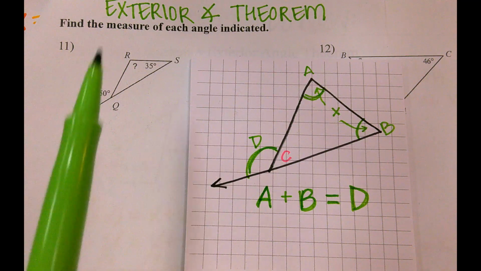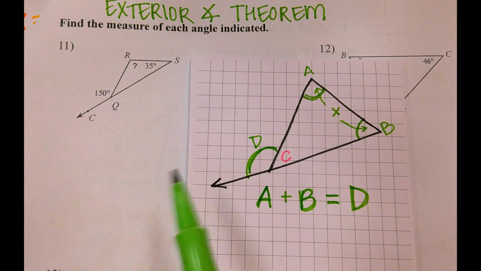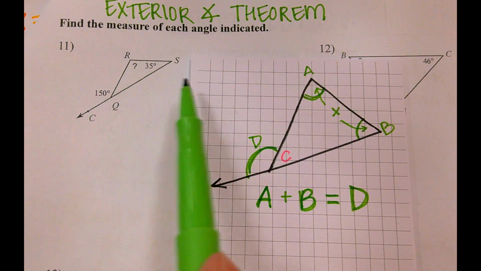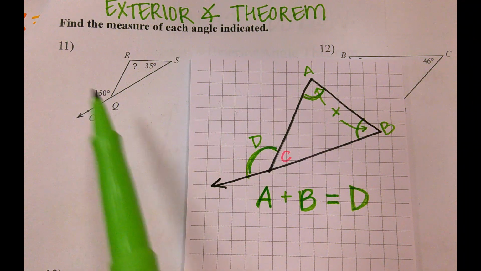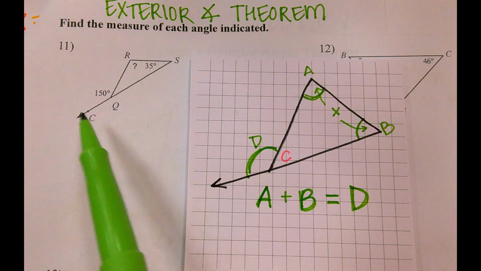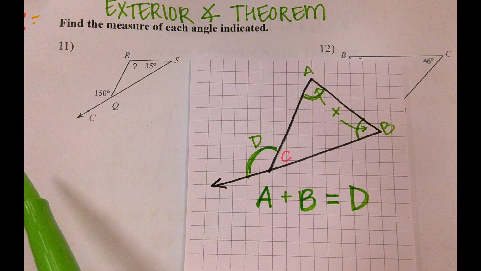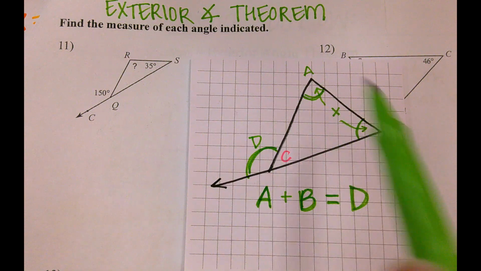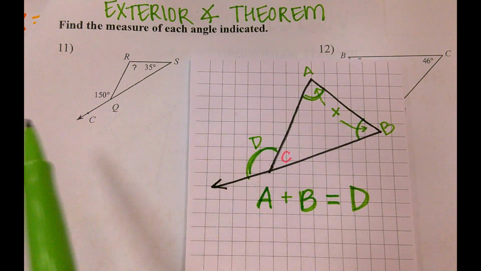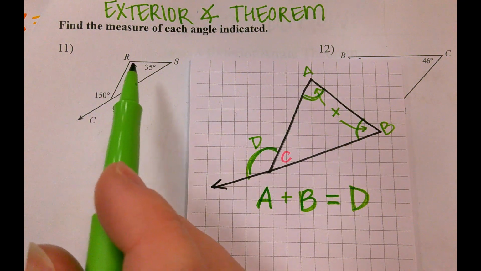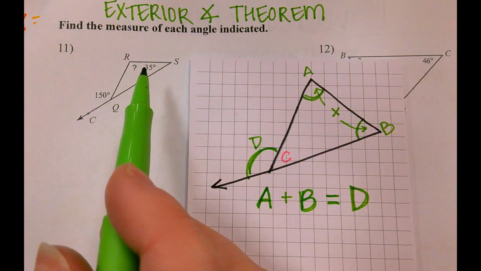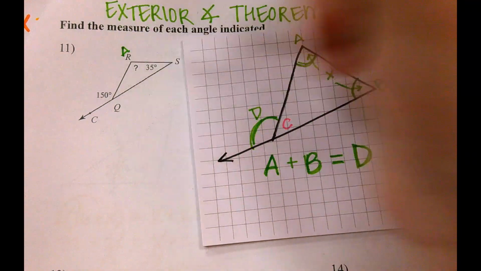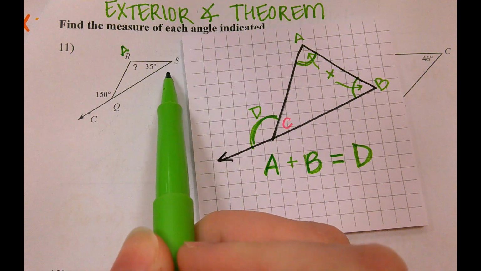So for number 11, instead of A, B, C, D, we have R, S, Q, and C, I guess. I guess C is that point right here. So if we're trying to think of this in terms of that right there, R, would this be like A, B, C, or D? That would be like my A. S, what would that be?